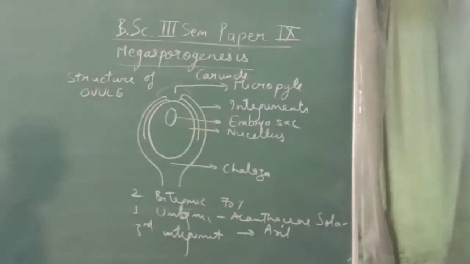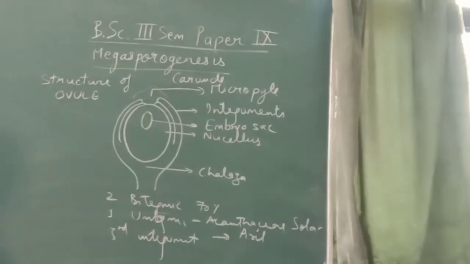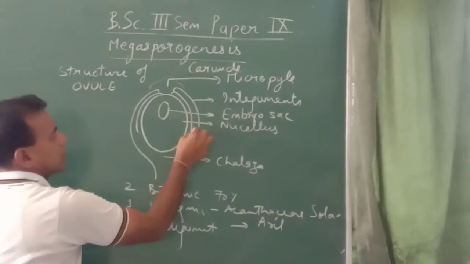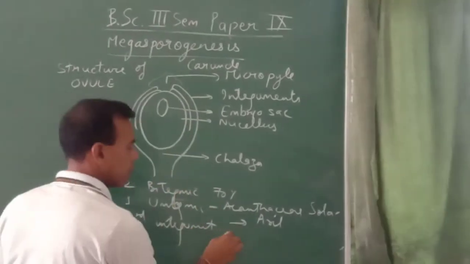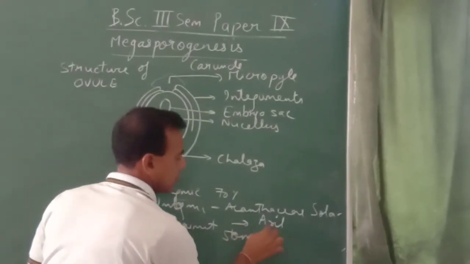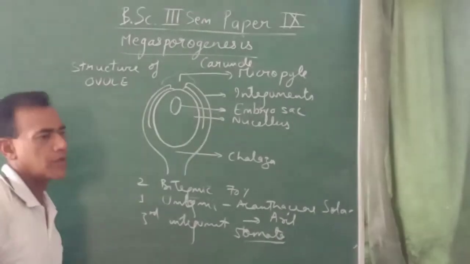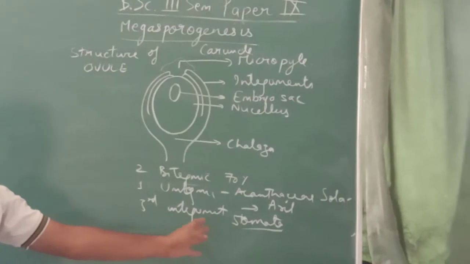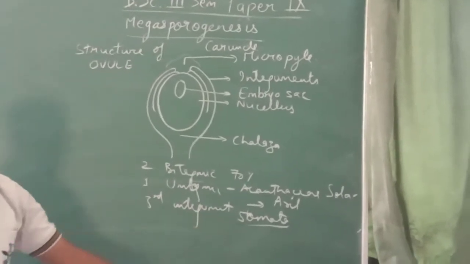A very common example is Ricinus communis, the castor. In some plants, the integuments also have stomata and chloroplasts. Now these stomata are meant for gaseous exchange only.